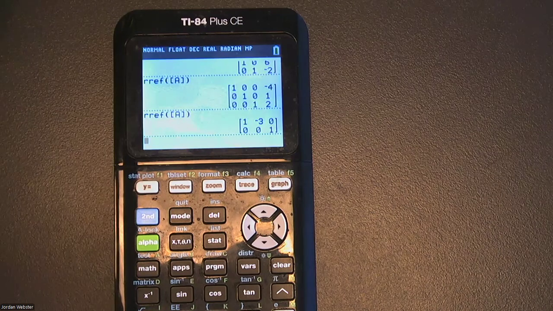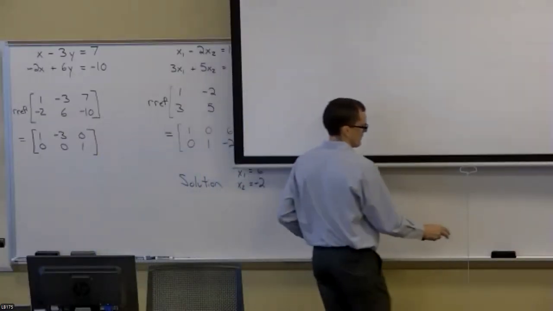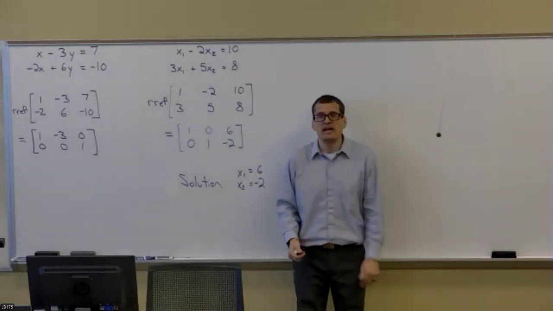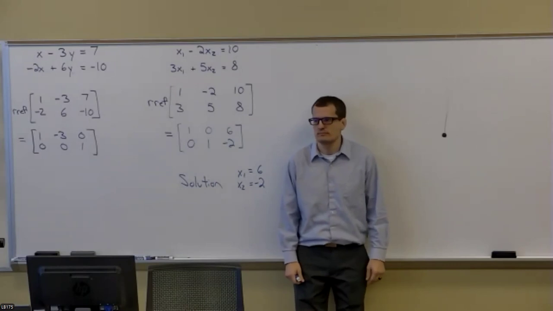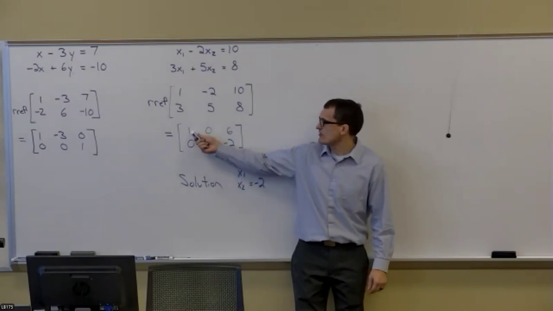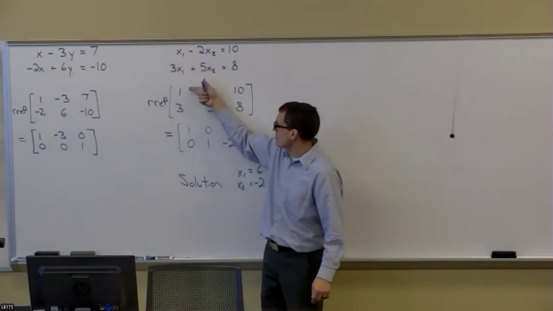And then 0, 0, 1. What's that mean for my solution?